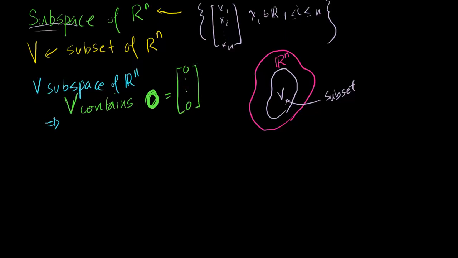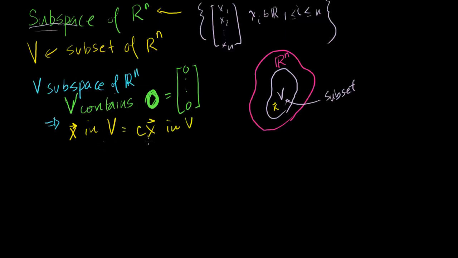Second, if some vector x is in V, if x is one of the vectors included in my V, then when I multiply x times any member of the reals, so if V is a subspace of Rn, then x times any scalar is also in V. This has to be the case.